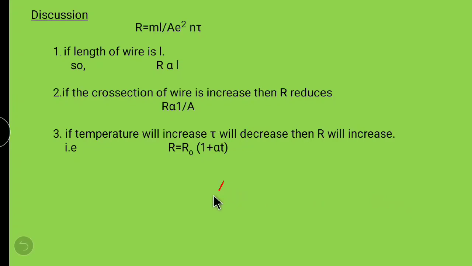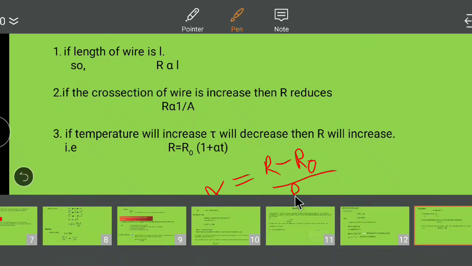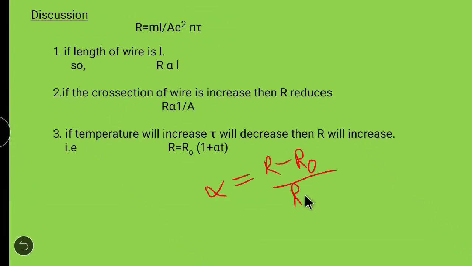See here, alpha is equal to R minus R naught upon R naught into T.